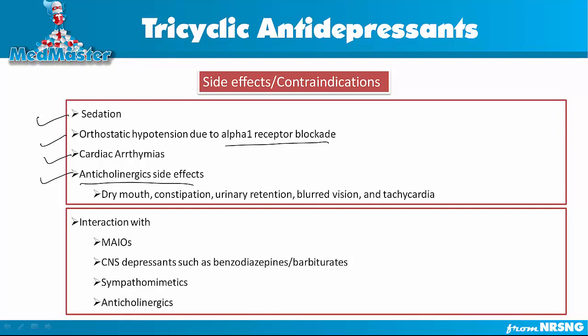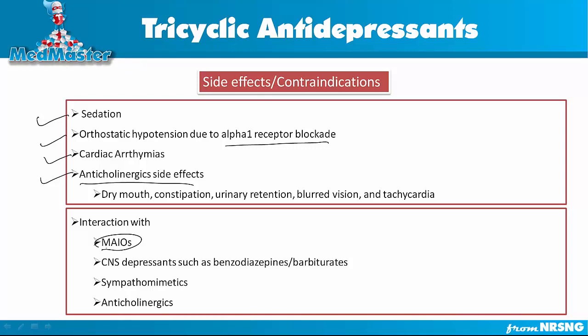It's anticholinergic, and it's the same as the sympathetic nervous system effects as well. So whenever you excite the sympathetic or block the parasympathetic or cholinergic nervous system, it will cause dry mouth, constipation, urinary retention, blurred vision, and tachycardia.